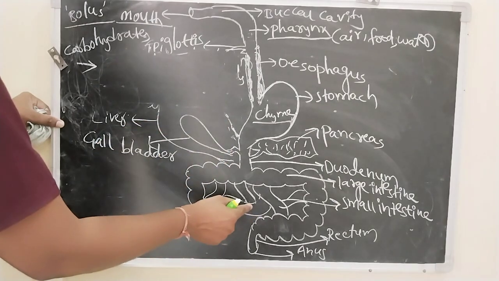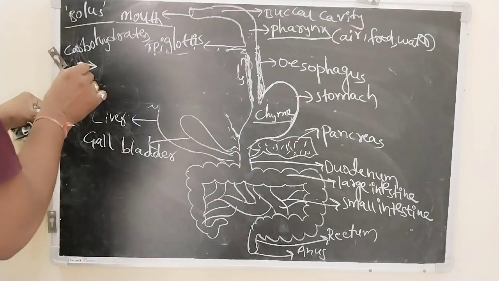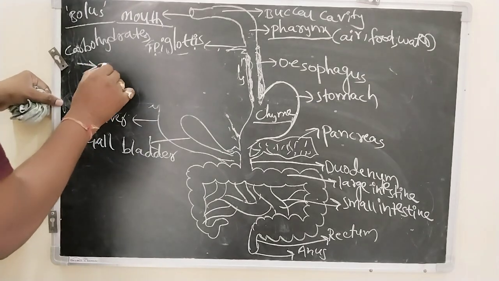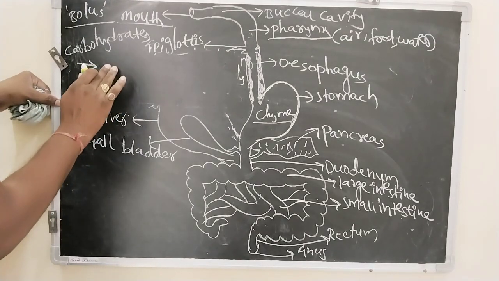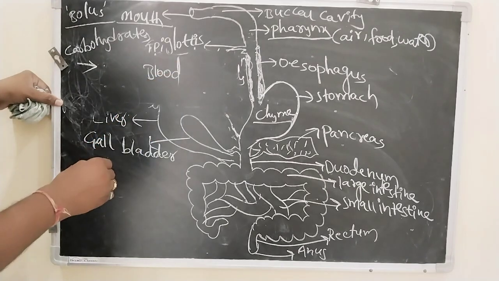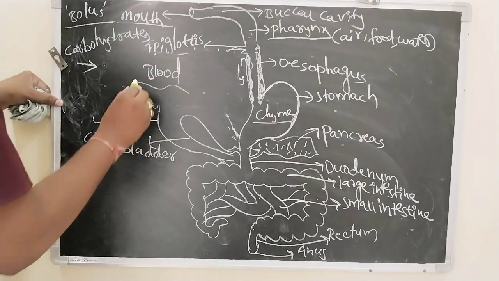Okay, that digestion is completed in the small intestine. And next, the transport of digested food to blood through villi is called absorption.